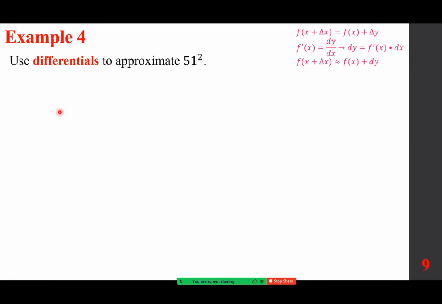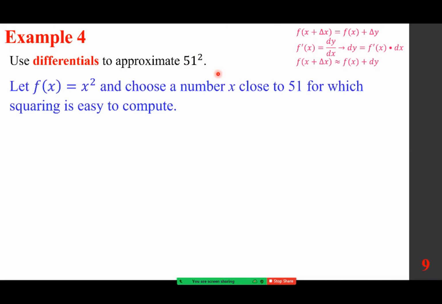So what is f of x? X squared. Let's say it was 51 cubed. You would say f of x equals x cubed. So that's the function. And the next thing is to choose a number very close to 51 where we can easily square without a calculator.